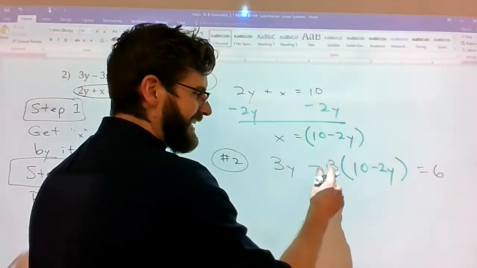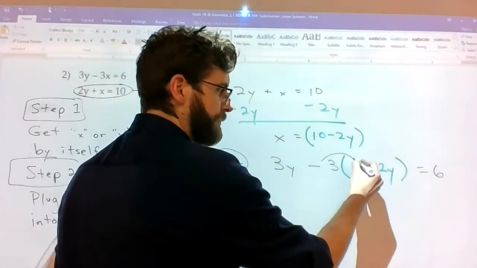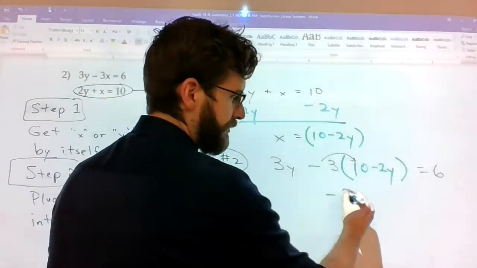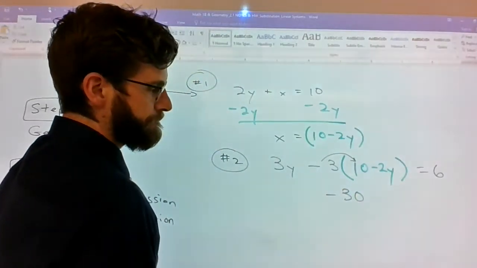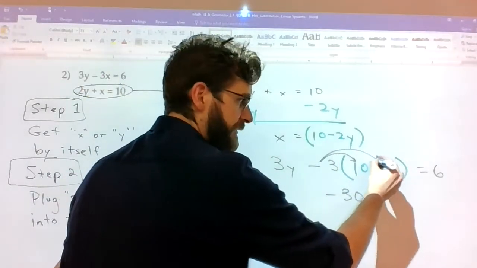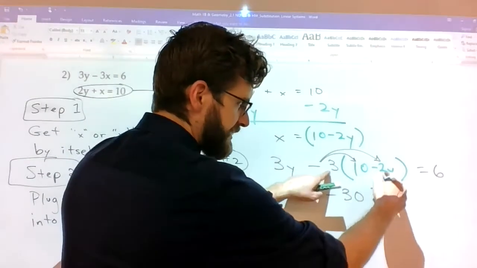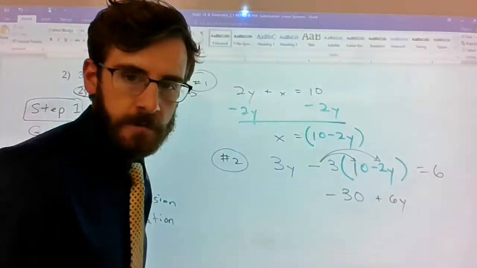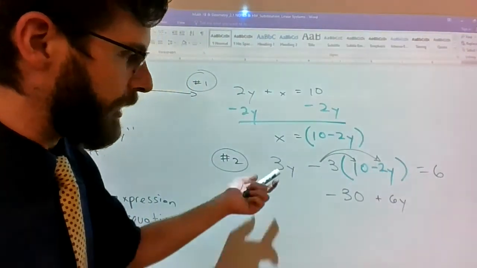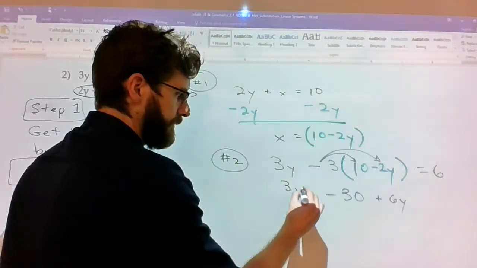So I need to take this negative 3 and multiply it through to the 10. That's negative 30. I need to take negative 3 times negative 2y. That's going to be a positive 6y. And then I drop down the 3y and the 6.